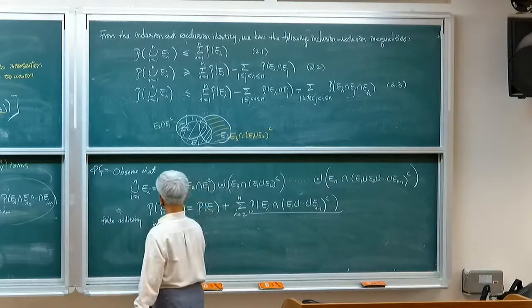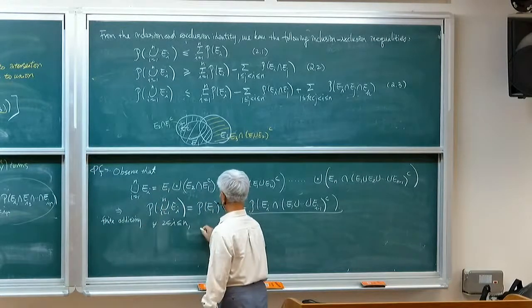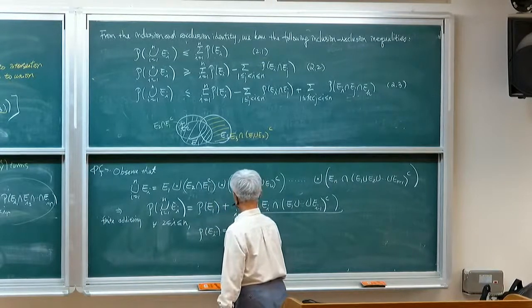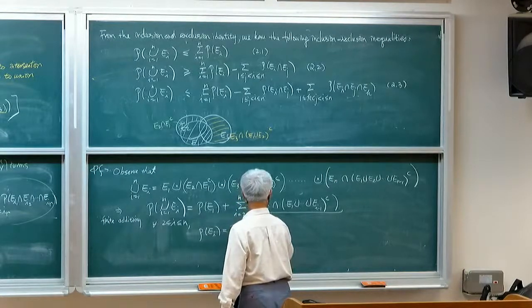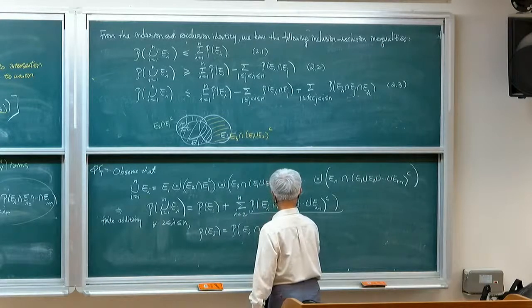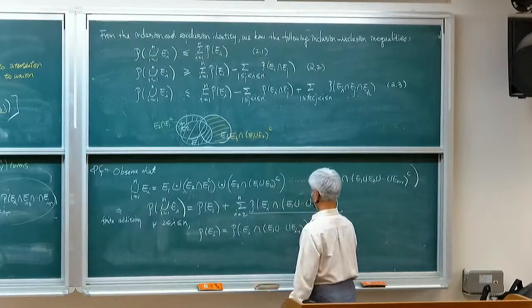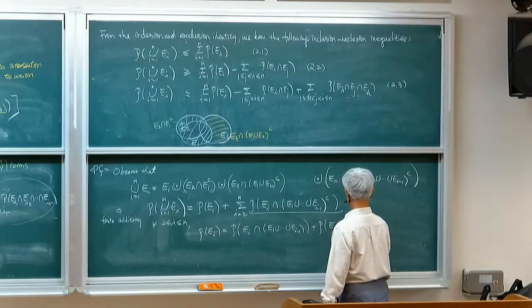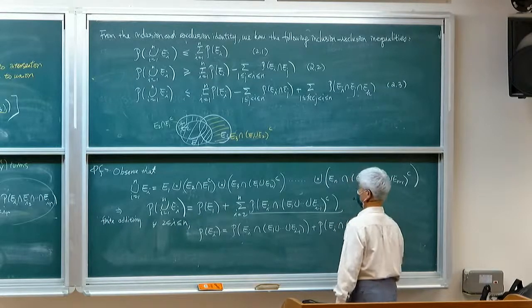For all i belonging to 1 to n, we know P(Ei) can be written as Ei intersect with E1 union up to Ei minus 1, plus probability of Ei intersect E1 union up to Ei minus 1 complement.